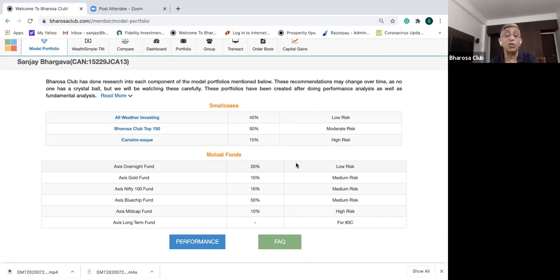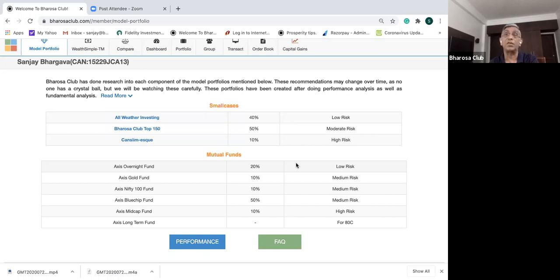There you'll also see gold and a 10% weight to gold because gold is considered a good hedge. And then because of all this stimulus due to COVID-19, for the next few years, gold could perform quite well. But we still put it as a medium risk fund. And then you have the Nifty 100 fund, which is an index fund.